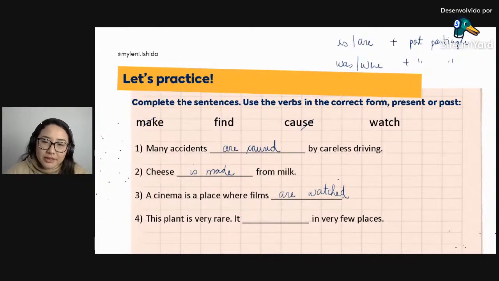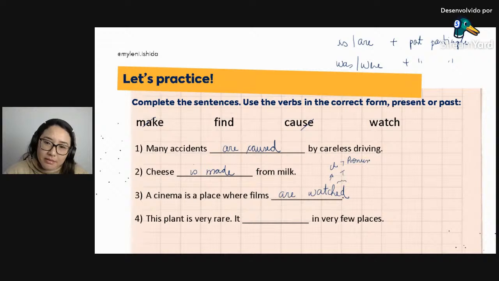So here I have the verb watch, which ends with ch. When I have a regular verb that ends with ch, to pronounce the past, I have to imagine that the ed is a T. This is how we pronounce it, okay?